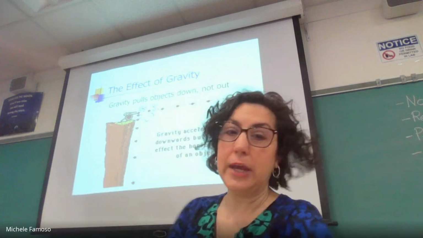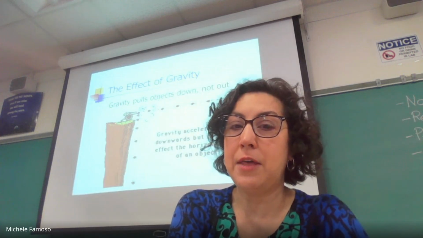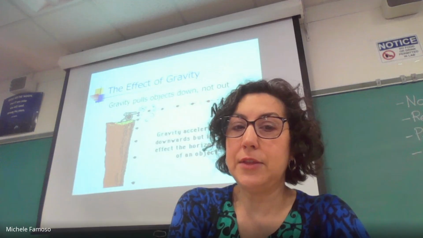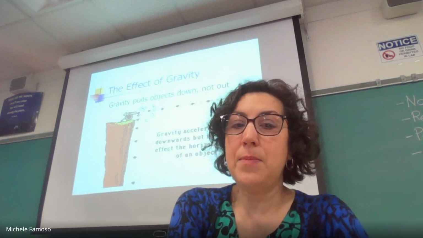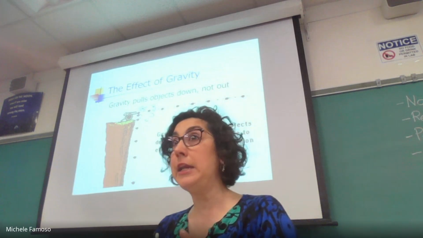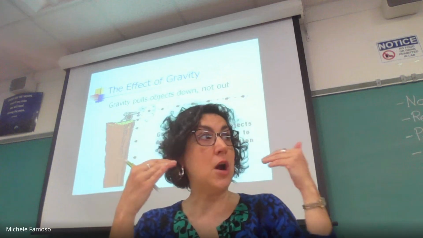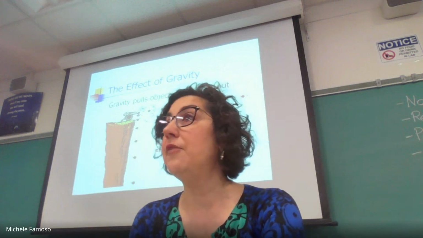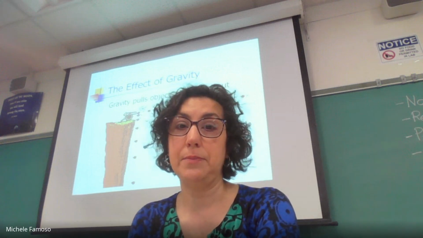So here we can see that gravity-free path. Here we can see the dropped path. Remember, it's going to do both of these things simultaneously, which results in our observation of the parabolic shaped trajectory.